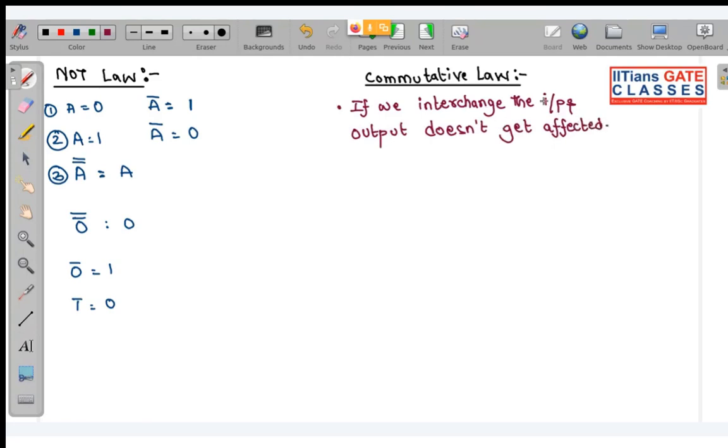If we interchange the inputs, output doesn't get affected. So this is your commutative law. Like A plus B is equal to B plus A. Okay, simple.